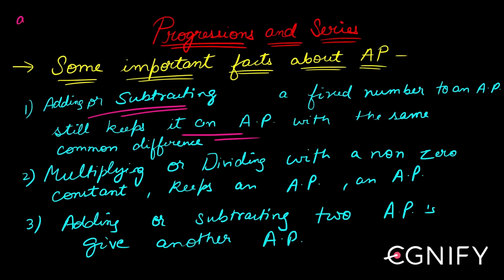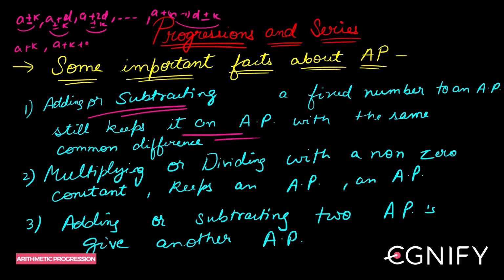That means if I had a, a plus d, a plus 2d, up to a plus n minus 1 into d, and I add the same number k to every term, even the last term, then the terms are a plus k, a plus k plus d, a plus k plus 2d, and so on.